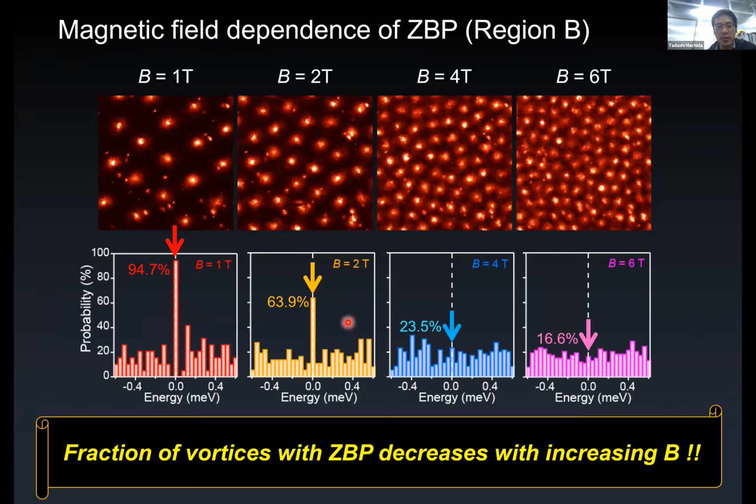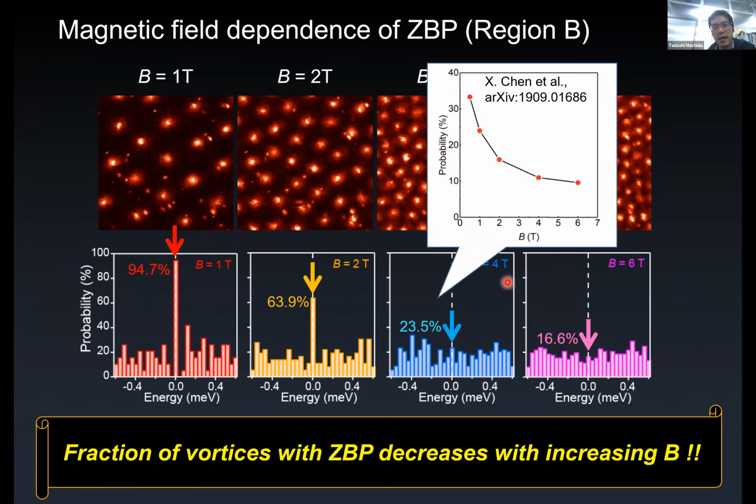And also very fortunately for me, a similar magnetic field dependence of the zero energy peak has been reported after this work from other groups. So this means that the observed magnetic field dependence of the zero energy peak is a true nature of this material.